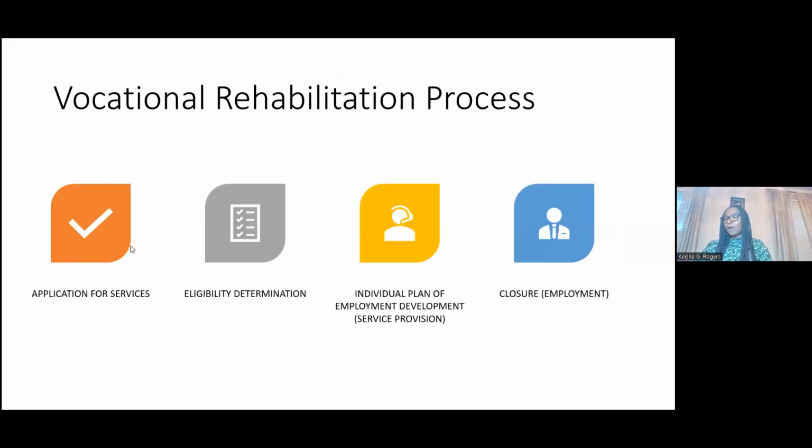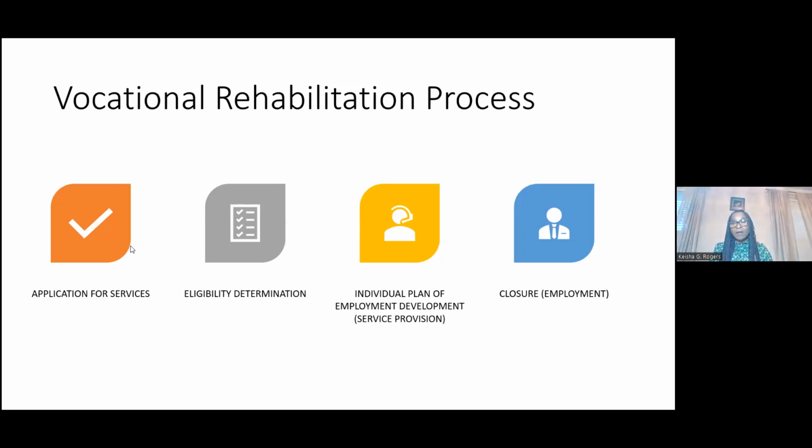All right, and so the VR process on the surface looks pretty simple, right? You have an application for services where the person will request services, they'll complete an assessment, and then you have eligibility determination, looking at the documentation of the disability, service provisions, which includes an IPE, the individual plan of employment, which is the specific services to be provided to assist the individual to reach that employment goal.